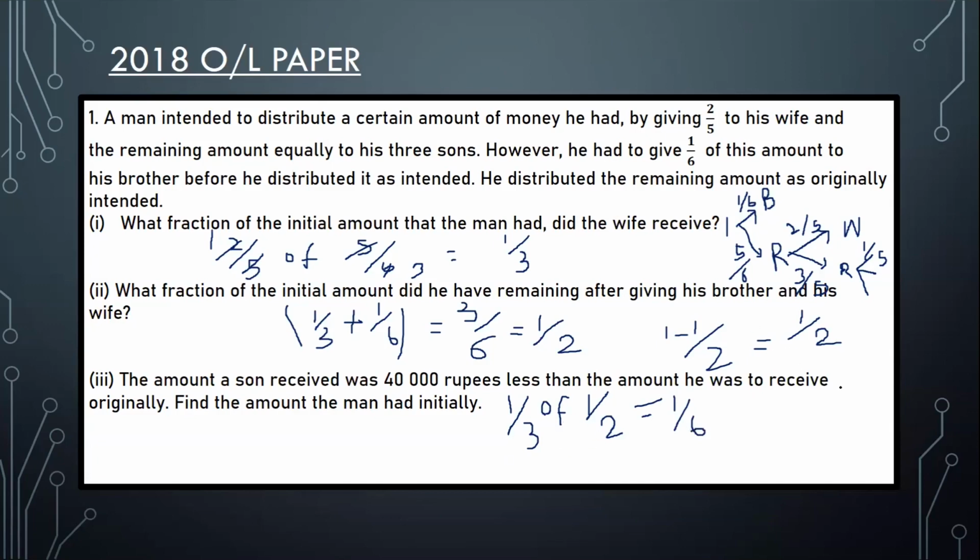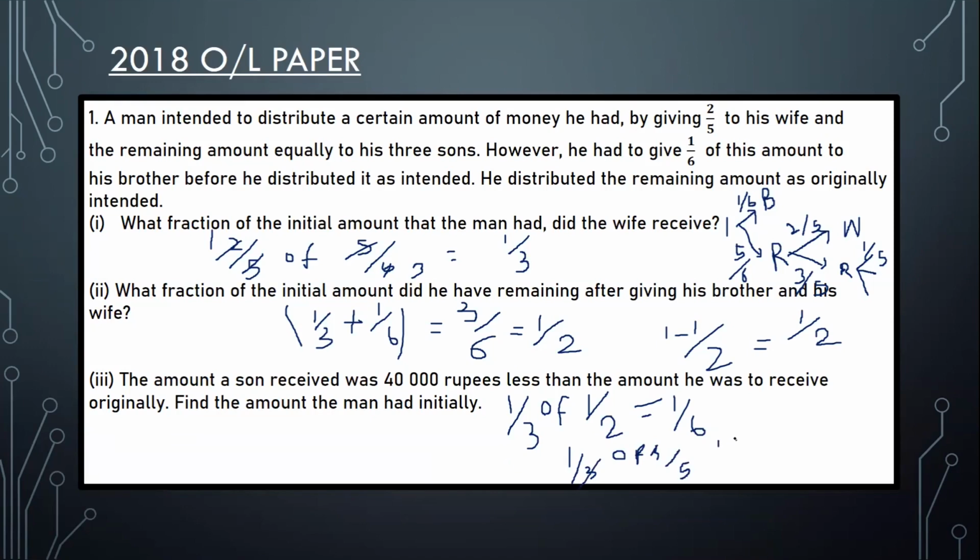But if he has not given to the brother, how will they get? The wife is getting 2/5. That means the remainder is 3/5. So each son will get 1/3 of 3/5. Okay, so 3 and 3 will get cancelled off.